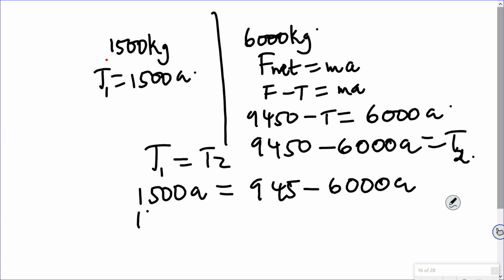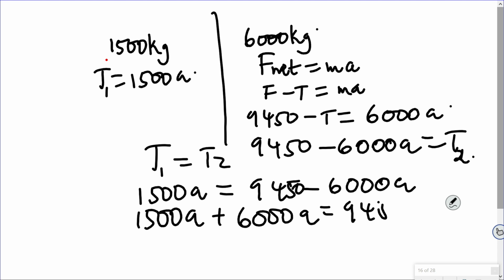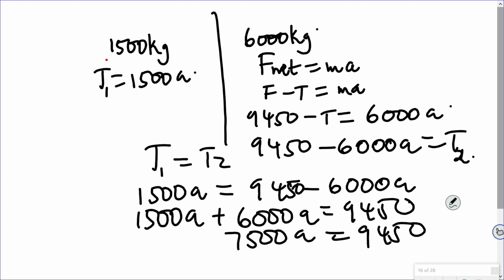You can have 1,500 A plus, because it's negative there, 6,000 A equals to 9,450. And this is 1,500 plus 6,000, which is going to be 7,500. And this is equal to 9,450, divide by 7,500, divide by 7,500.